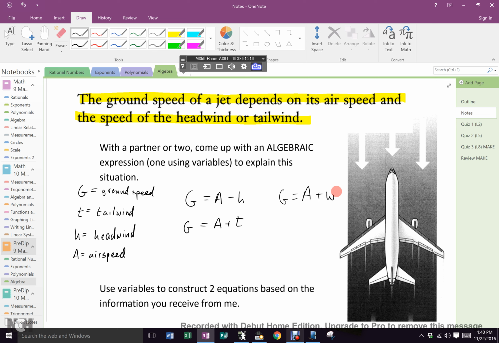Thank you, Carlin. Doesn't it say headwind or tailwind, so couldn't it be the same thing? It says the speed of the headwind or tailwind.